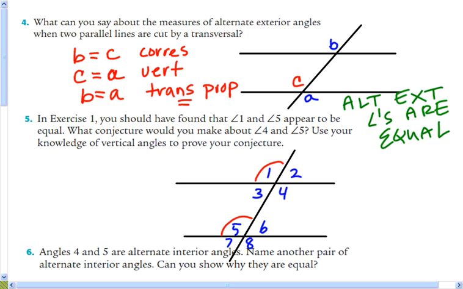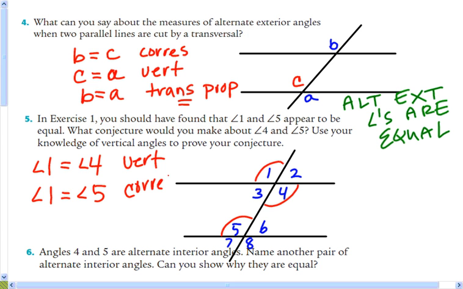4 and 5 are alternate interior angles. And I think that they are congruent. They sure look the same. Well, we know that 1 and 4 are the same because they're vertical. So we can say angle 1 is equal to angle 4 because they're vertical, and angle 1 is equal to angle 5 because they are corresponding angles.